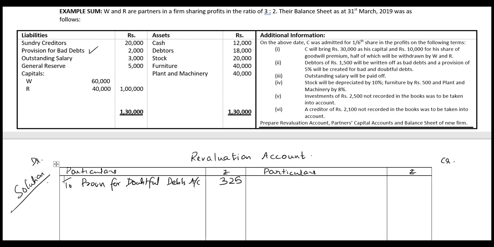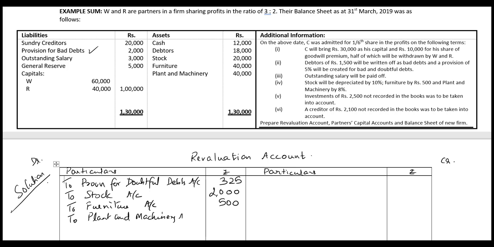The fourth point, we have that the stock will be depreciated by 10%. So to stock account 2,000 rupees. Furniture is to be depreciated by 500 rupees. So to furniture account 500 rupees. And plant and machinery is to be depreciated by 8%.